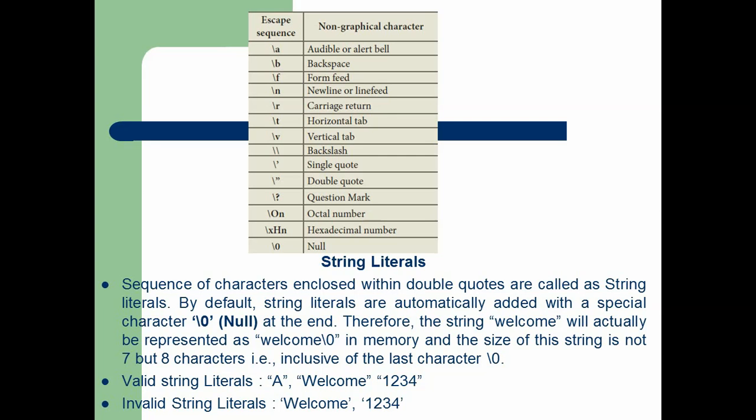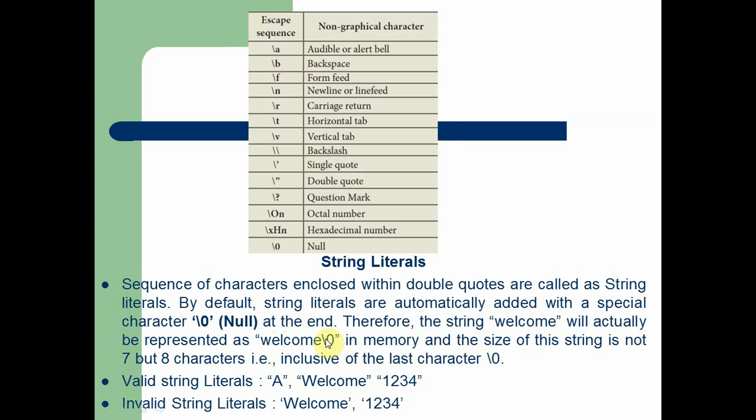For example, if you type welcome, then at the time of saving that string, after the last E a null is automatically added to any string in C++. Therefore, the string welcome will actually be represented as welcome\0. So when you try to save welcome, that word is saved as welcome\0. \0 is a null value.